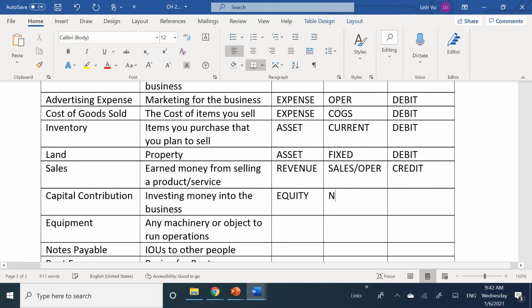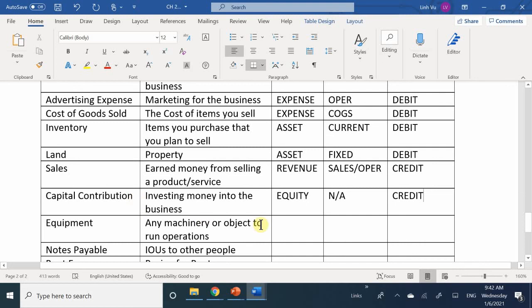No category. Good. Lastly, what kind of balance would it normally have? Credit. Yes, because this one is increasing it, because you're putting money back into your company. So good. You're increasing the equity.